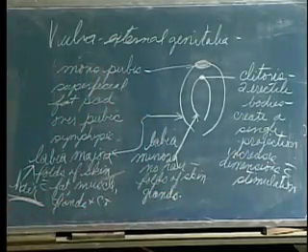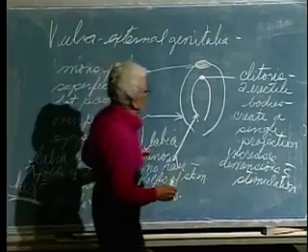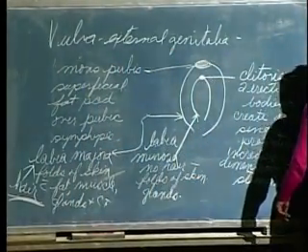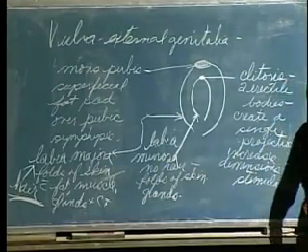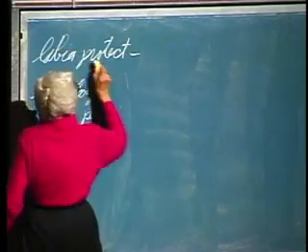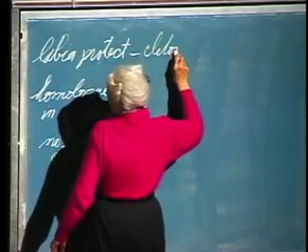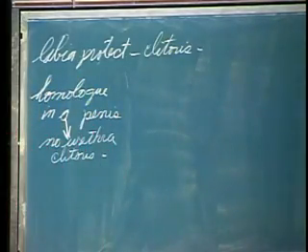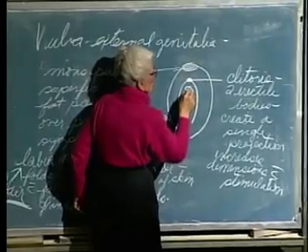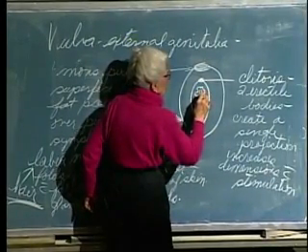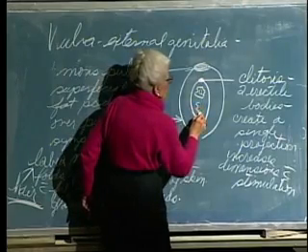The labia are to protect both sets: the clitoris, the urethra, which is just posterior, we'll put a U, and the vagina.